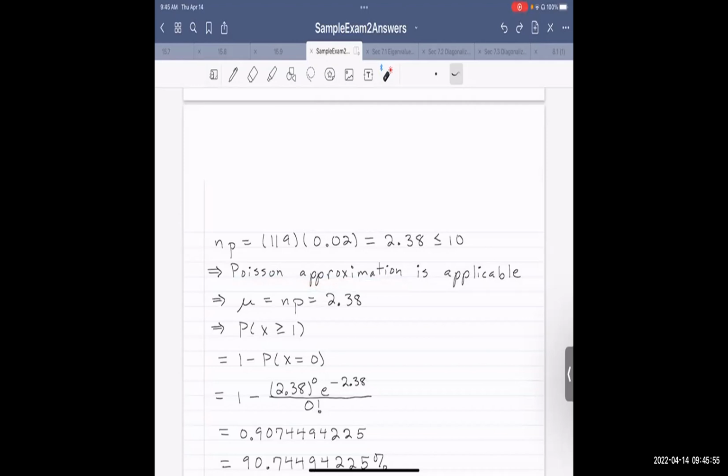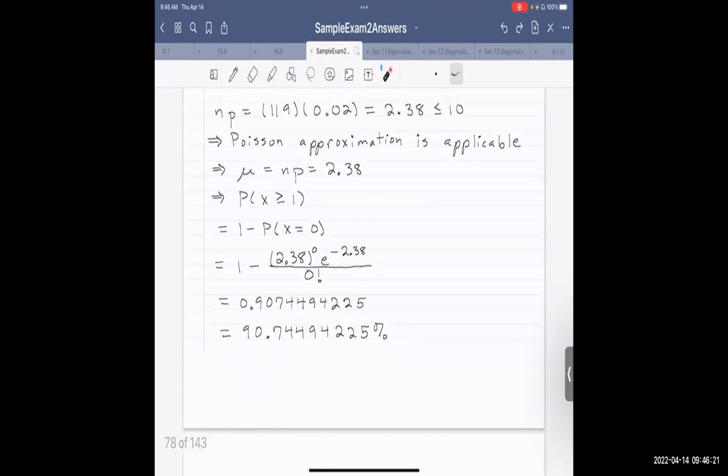Well, the parameter mu is equal to NP, 2.38. We want to compute the probability that X is greater than or equal to 1, which is the same as, looking at its complementary event, 1 minus the probability X is equal to 0.